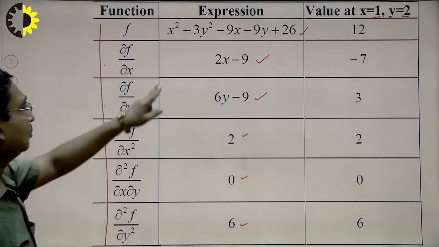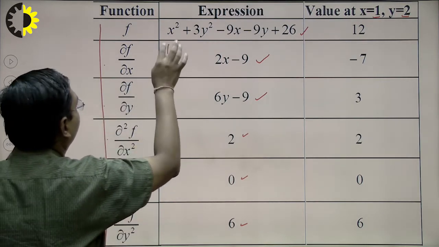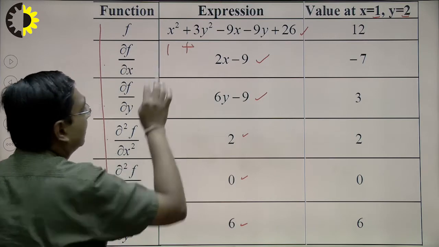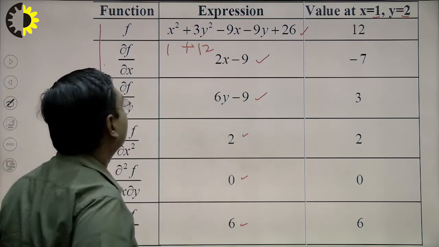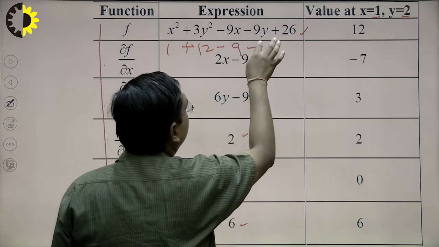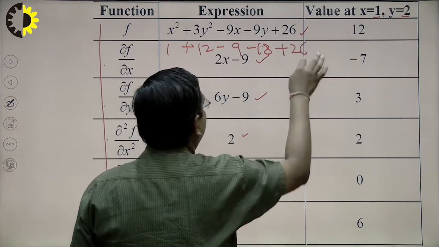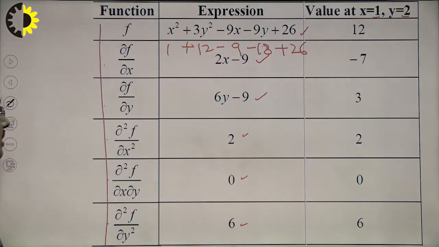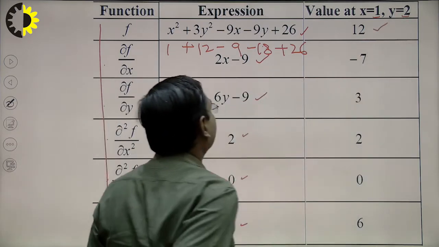When I substitute x equal to 1 and y equal to 2, this term will give 1 plus 12 minus 9 minus 18 plus 26, and simplifying this, I will obtain the value 12.